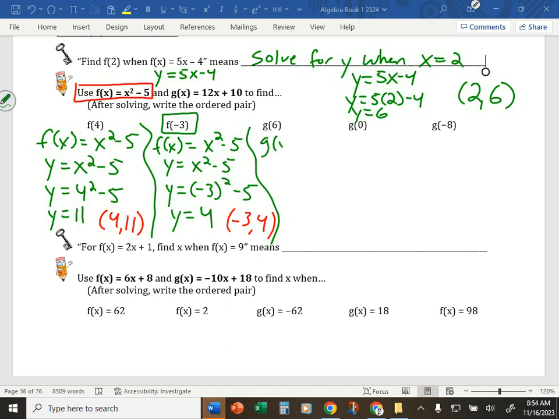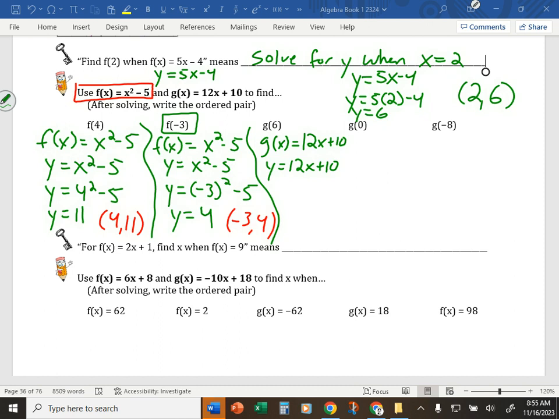So g of x equals 12x plus 10. G of x is still just a fancy way to write y. It's the same thing as f of x, only it helps us identify which equation to use. We are replacing x with 6.